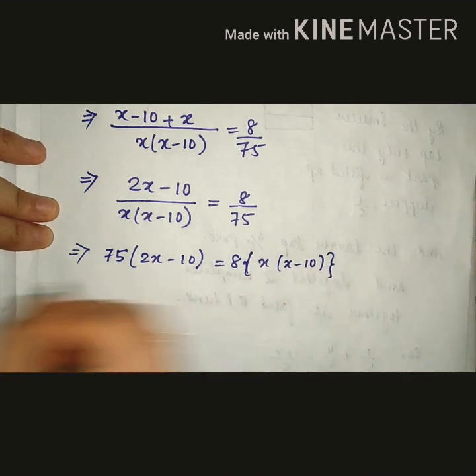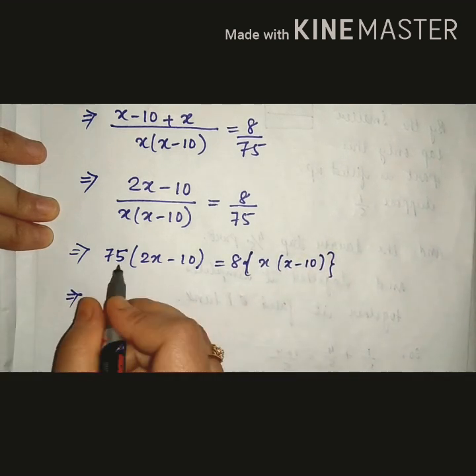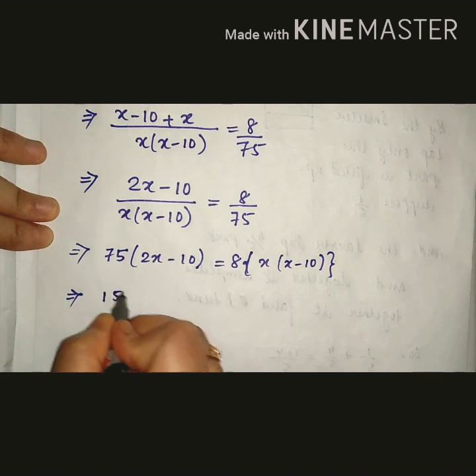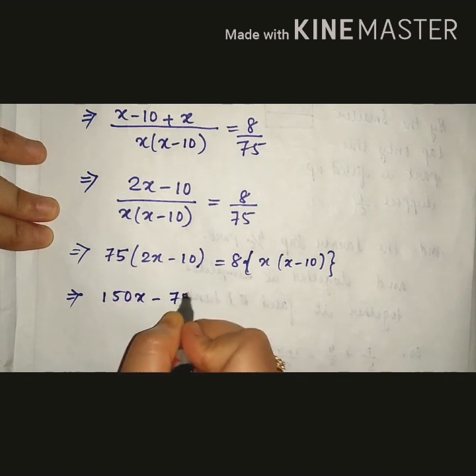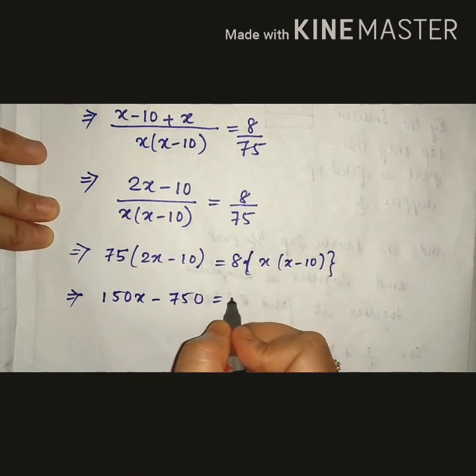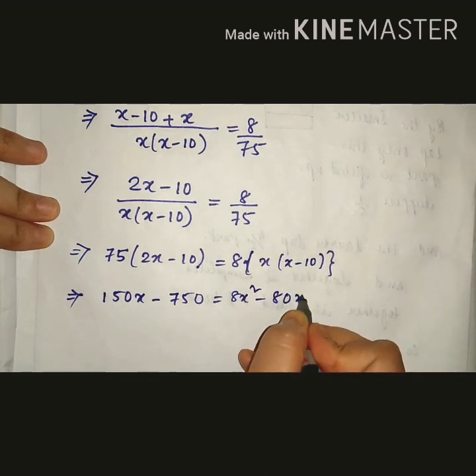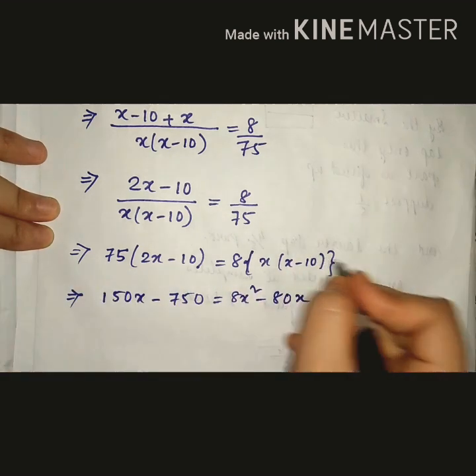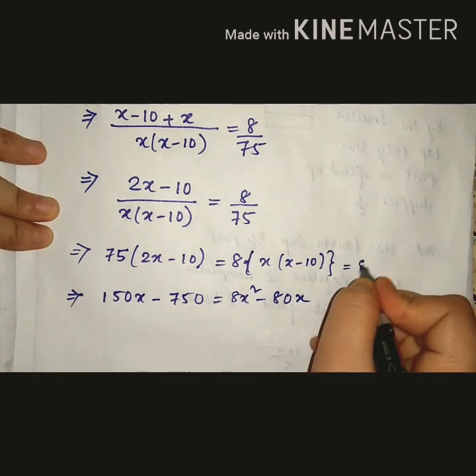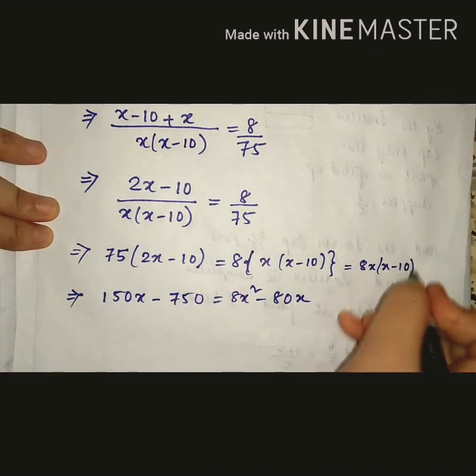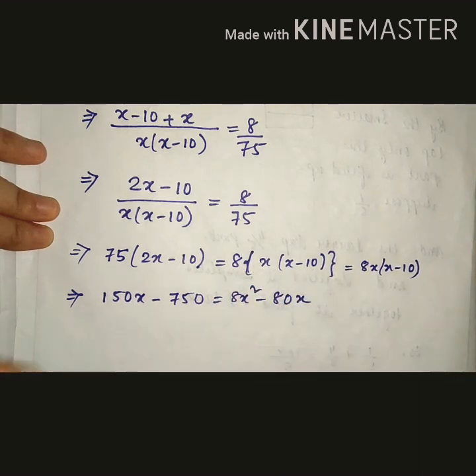minus 10. Okay. Then 75 into 2, 150x minus 750, and this side 8x square minus 80x. Clear? This one you will get what? 8x into x minus 10. You can directly write, no need to write this.